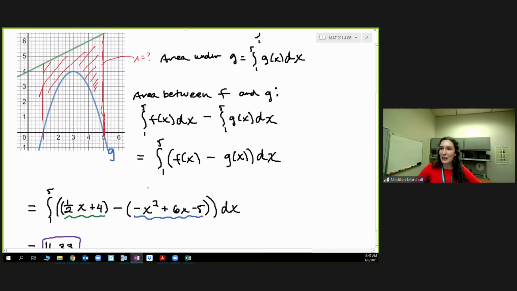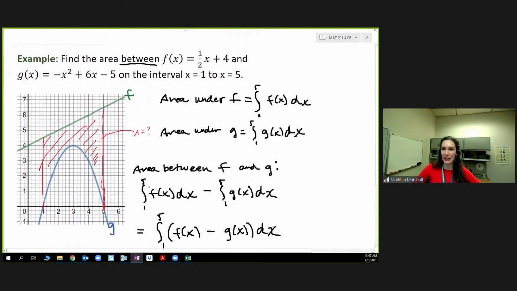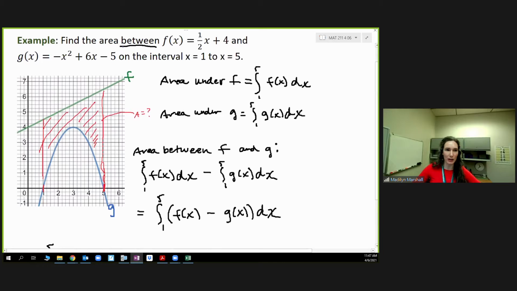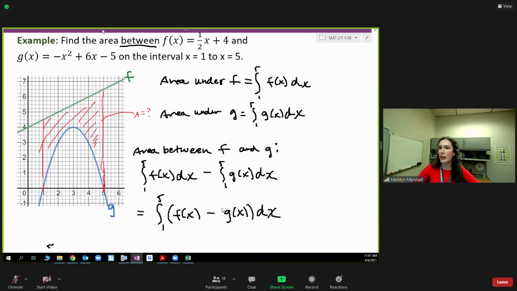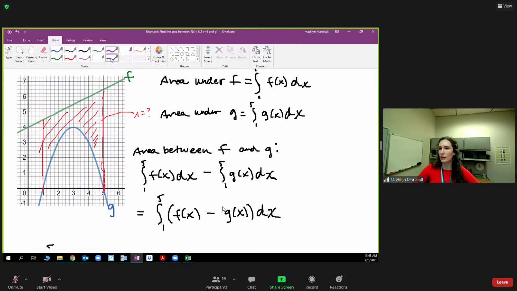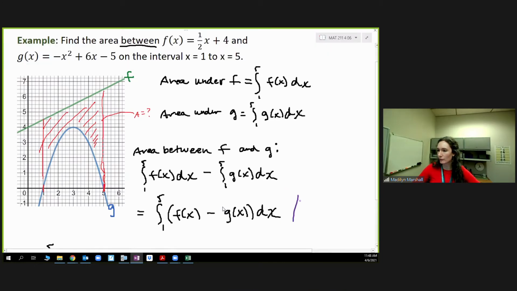So this is the way we can think about where this area between curves comes from. We're doing this sort of exterior area minus the interior area, which really comes down to just doing that integral of f minus g.